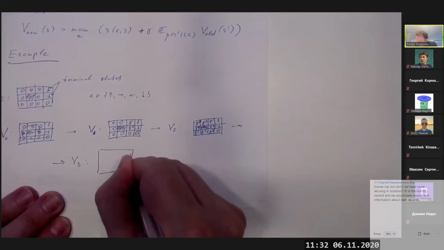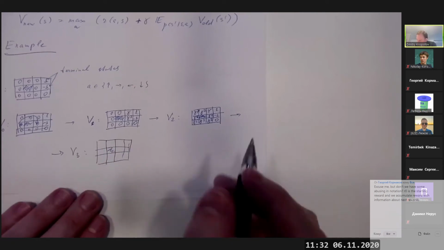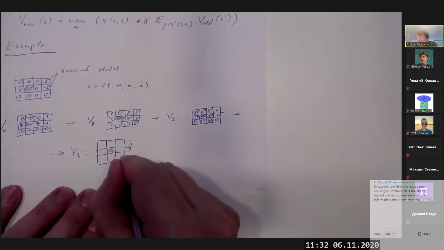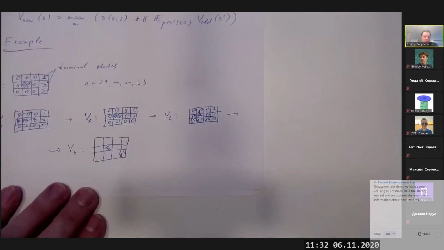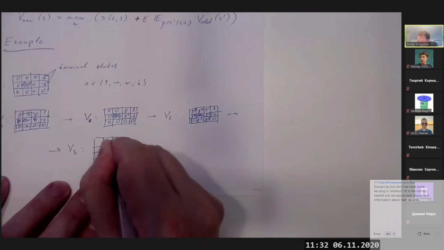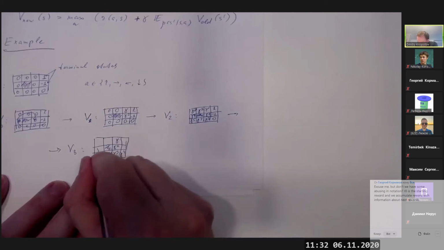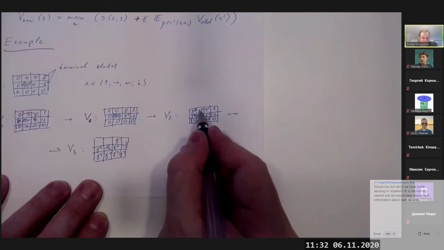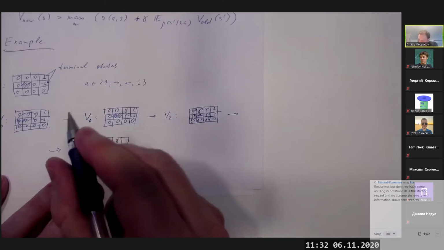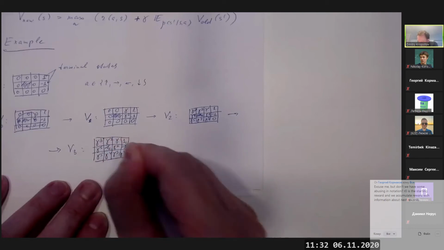Then on the third iteration, now we have here gamma to the power of 4, because we have gamma squared, gamma cubed here. Now we propagate this gamma here to the right, so gamma cubed, gamma squared, minus 1.